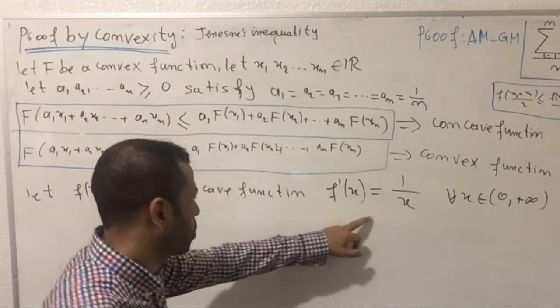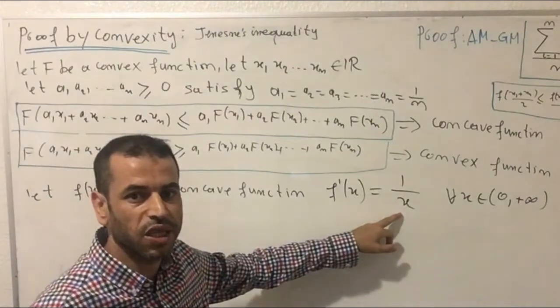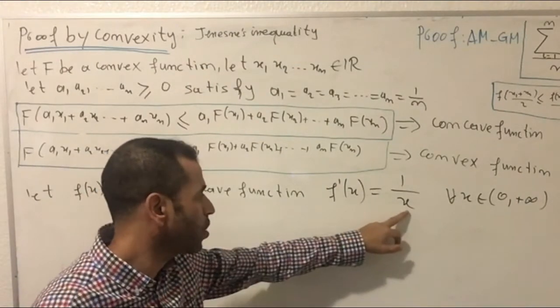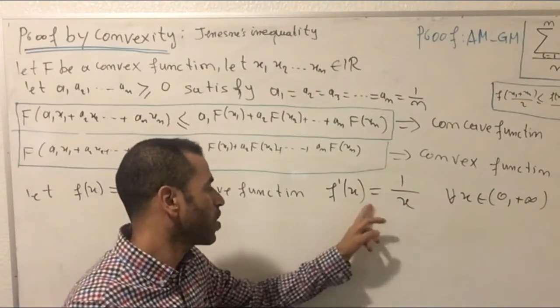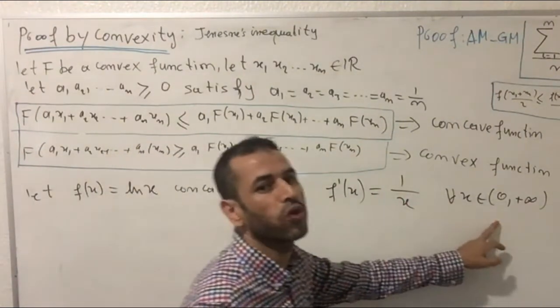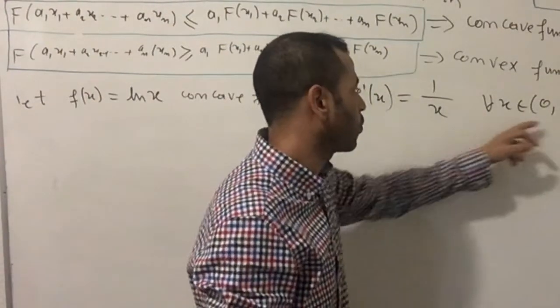If you take a look at this derivative function, this is a decreasing function, because whatever number you put here for x, this function f prime of x becomes smaller and smaller. That means the function f prime of x is decreasing over this interval.